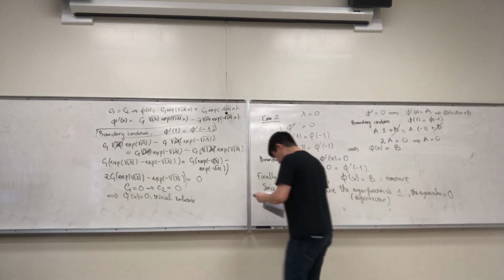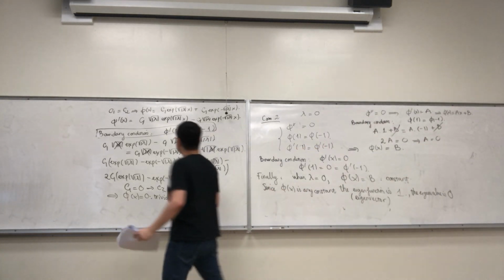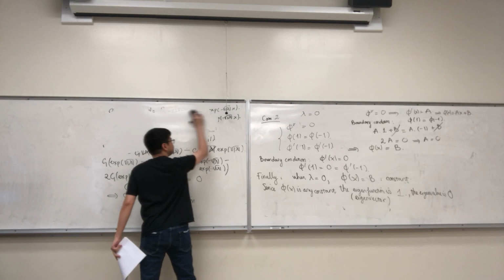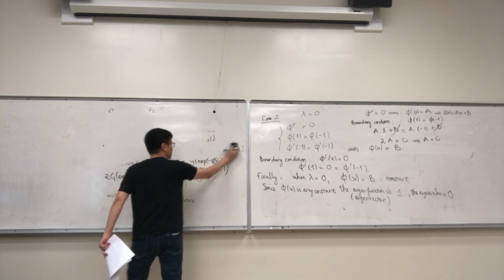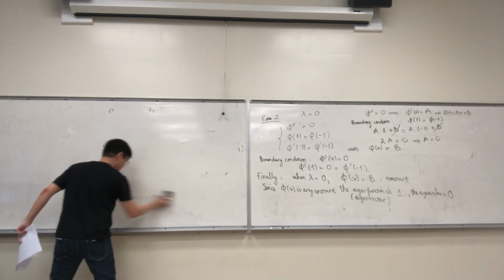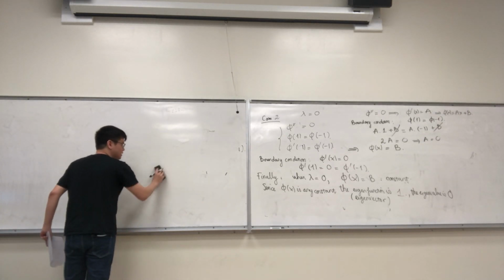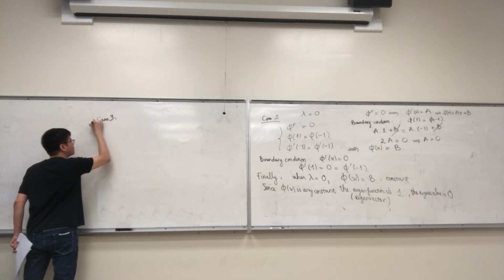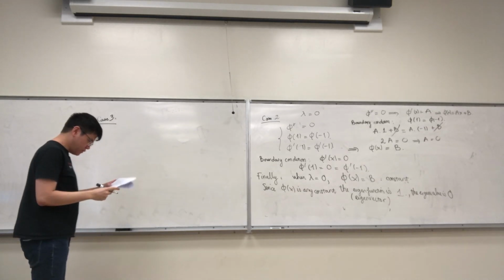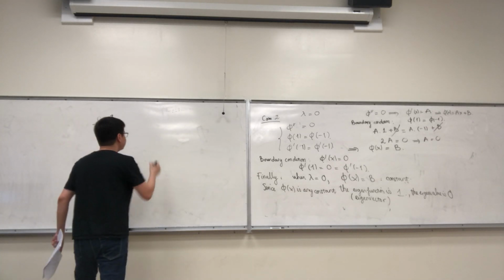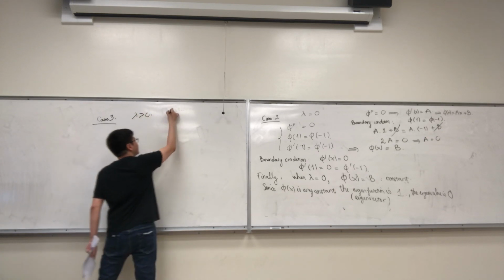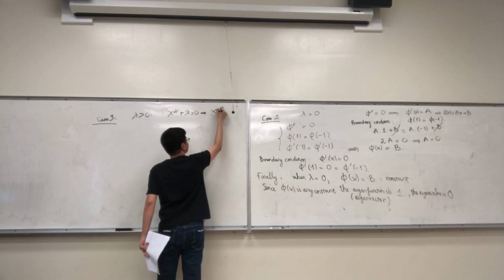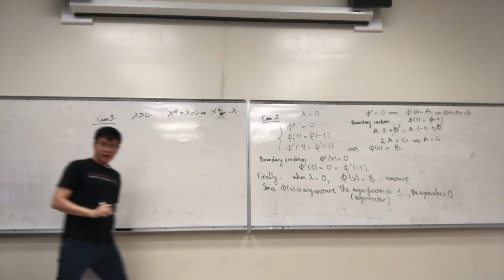So now, the most difficult case is the case when you have sinus and cosinus, and normally this is the case when you can find all of the other eigenvalues and eigenfunctions of the solution of the equation. So now I'm going to go to case number 3. So case 3, you have what? Lambda is positive, so x squared plus lambda equals 0 implies that x squared is minus lambda, right?